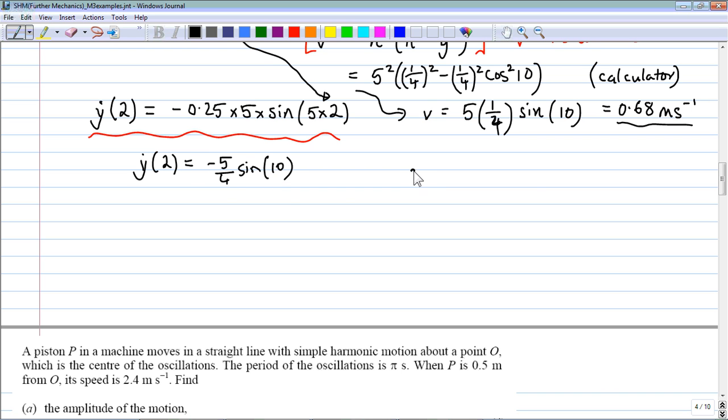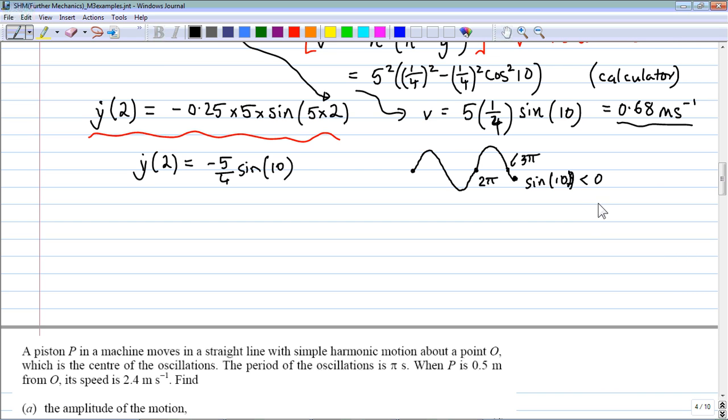Now sine of 10, if we just remember what sine looks like, this is 2 pi. Now 2 pi is about 6. You may actually need a calculator to do this. What's 3 pi? 3 pi is just slightly less than 10. Okay, so what we're talking about with sine 10 is we get a number that's less than 0. Let me just check that.